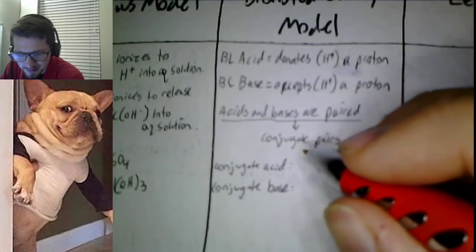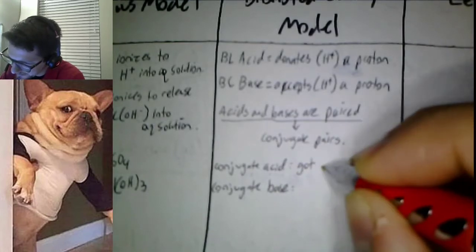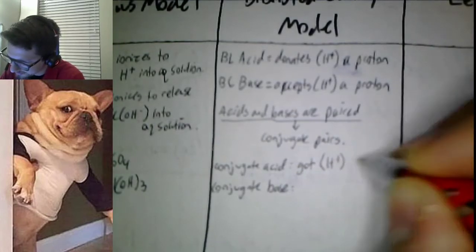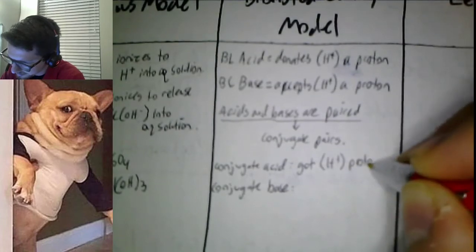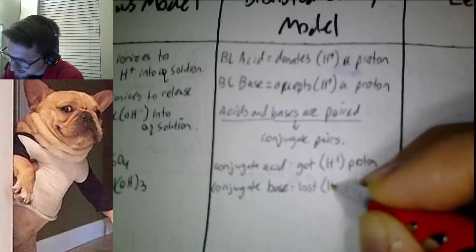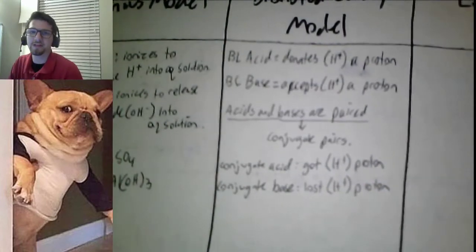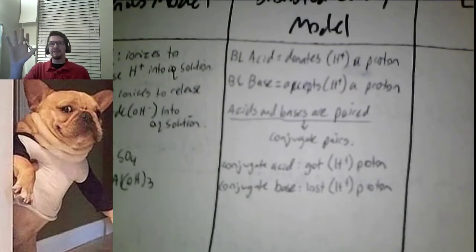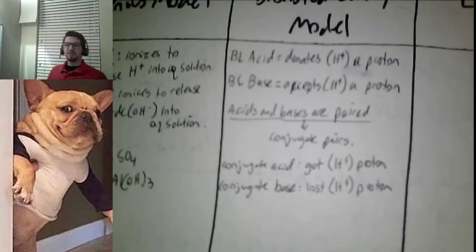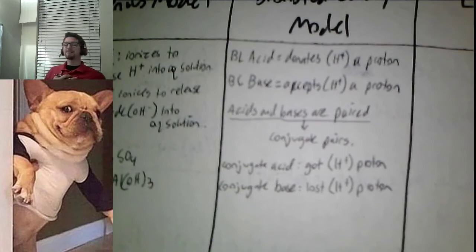So a conjugate acid is the thing that got a hydrogen. And the conjugate base is the thing that lost a proton. In other words, once an acid gives up an H, it turns into a conjugate base. And once a base says, hey, I'm going to take your H, that means he becomes a conjugate acid.